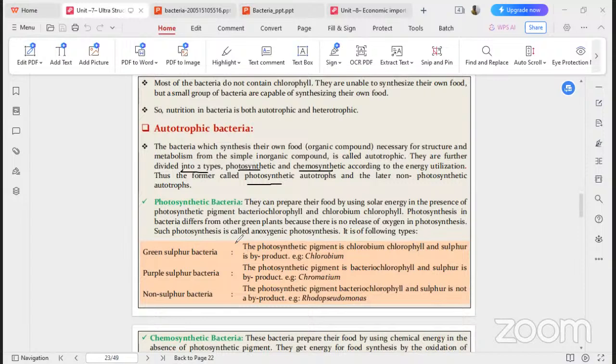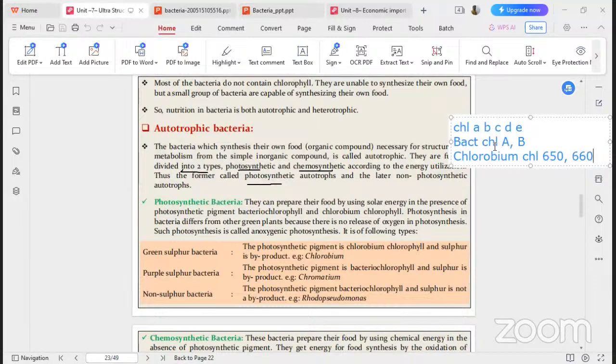I told you about the photosynthetic pigments: chlorophyll A, B, C, D, E. Along with that, in the bacteria, there are bacterial chlorophyll A and bacterial chlorophyll B, and also Chlorobium chlorophyll 650 and Chlorobium chlorophyll 660.